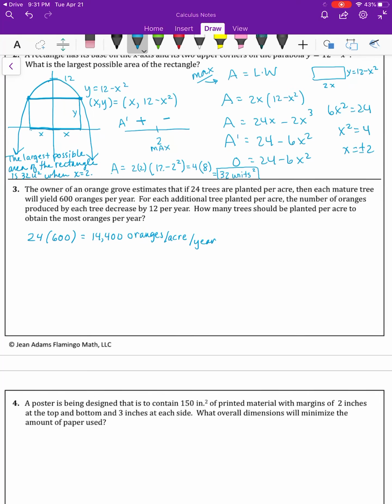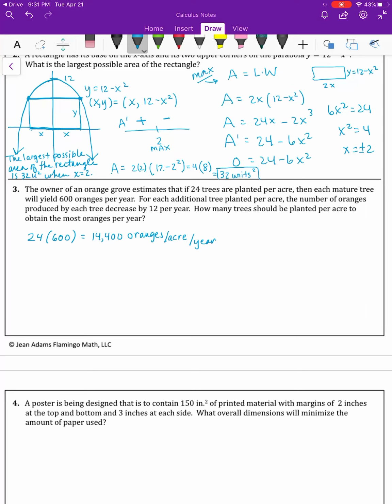Because 24 trees are planted per acre, and each mature tree will yield 600 oranges per year. So 14,400 oranges per acre every year.